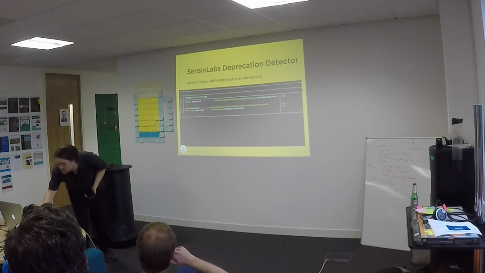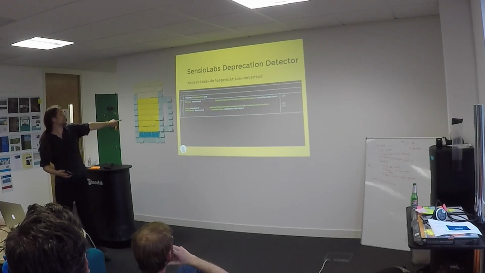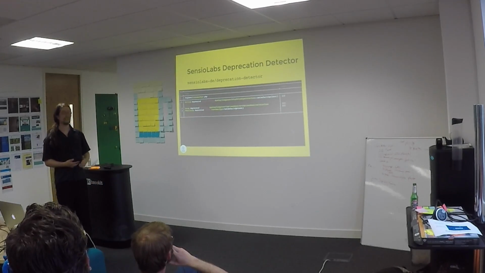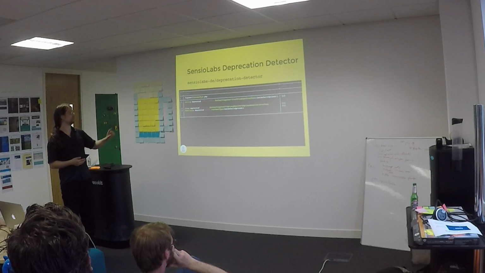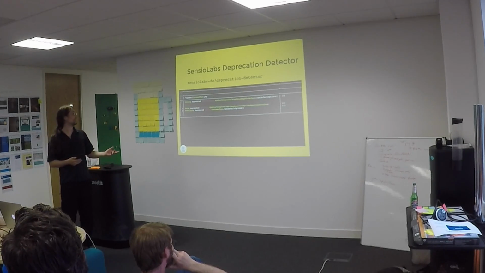I don't know if I can actually scroll across here so I can show you a little bit more of it. No, that's not going to work. Across the side there's a big list of the actual description of what you've done wrong. Makes it quite easy to fix it.